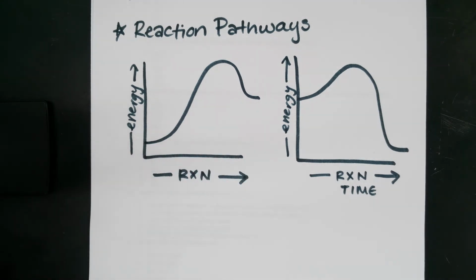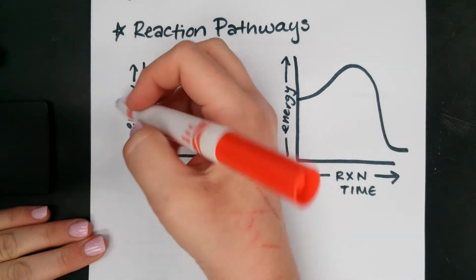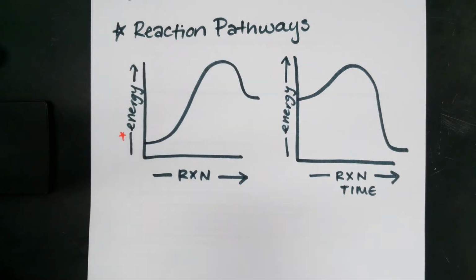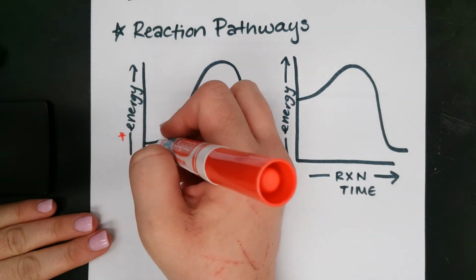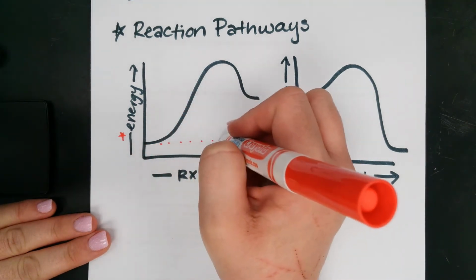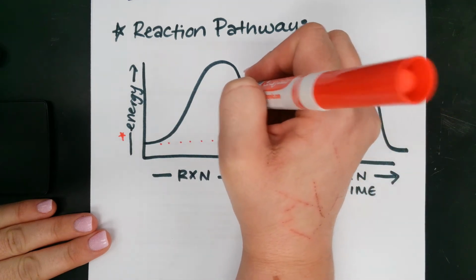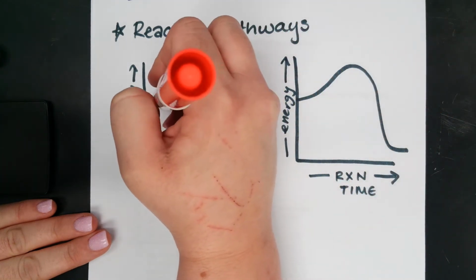There's a couple key points that I want you to plot along with me. The most important thing here is the energy. This is the really important portion of what's going on with this graph. There are two key points you're going to see: wherever you start, and you can go ahead and add some dots along there, and where you end.